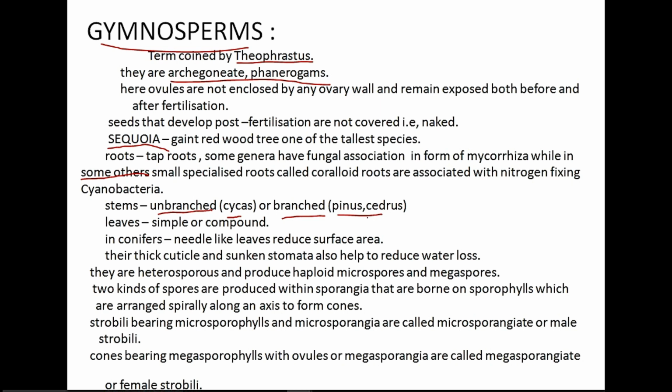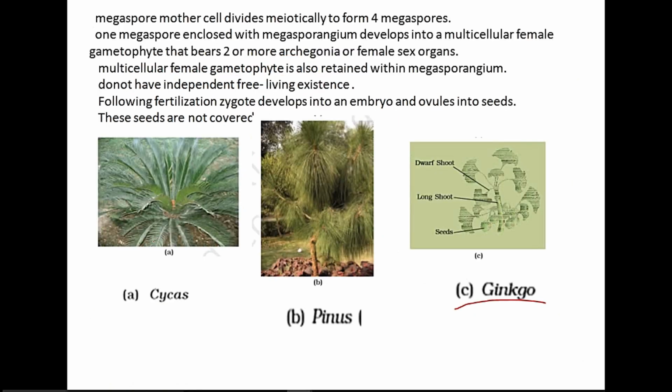So the leaves may be simple or compound in structure, and in cycas the pinnate leaves persist for a few years. So let me show you the cycas plant. This is a cycas plant. Here, this one.